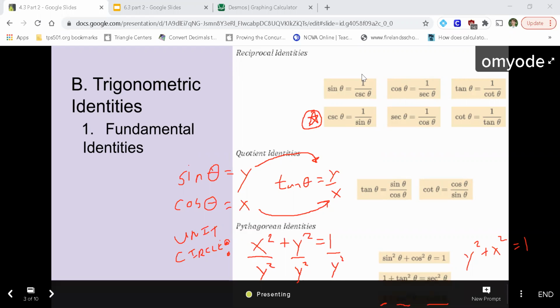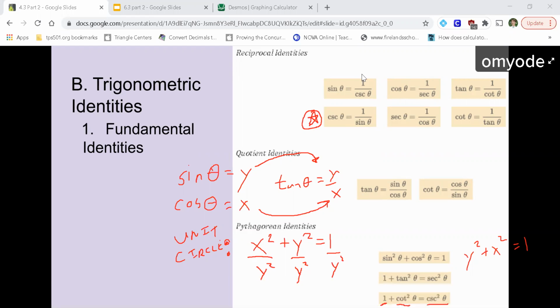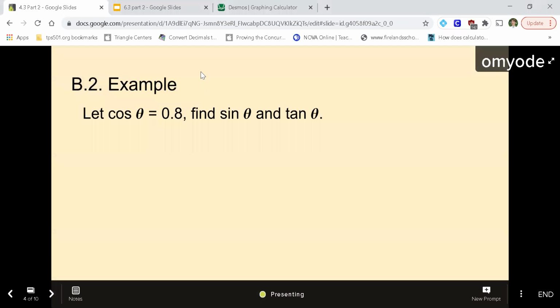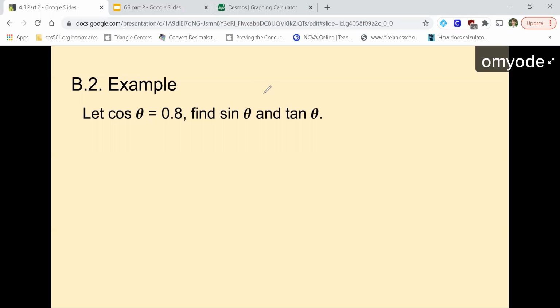So basically, there are 2 types of problems that are going to make you use these identities. The first is when they will tell you what one of them is, and then ask you to find the other trig functions from that. To solve this problem, what I want to do is take my angle and see how it relates to the one I'm trying to find.